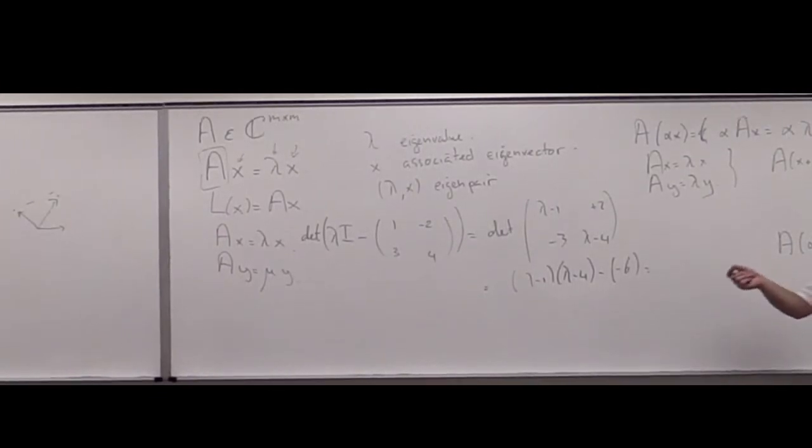But you know that if you have real valued coefficients in your polynomial, you may still have complex valued roots to that polynomial. And what that means is that the eigenvalues of a real matrix may actually be complex valued.